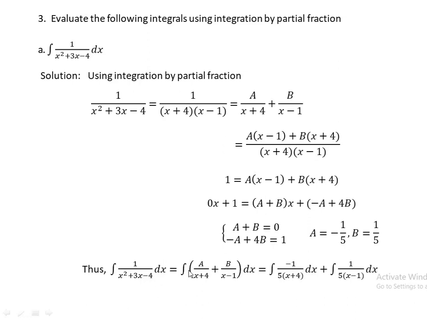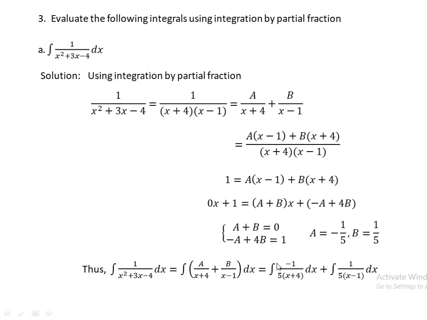So substituting this in the given equation, the integral of 1 over x squared plus 3x minus 4 dx becomes the integral of a over x plus 4 plus b over x minus 1. By splitting the integral, we have the integral of a over x plus 4 dx plus the integral of b over x minus 1 dx. But our a is minus 1 over 5 and b is 1 over 5.